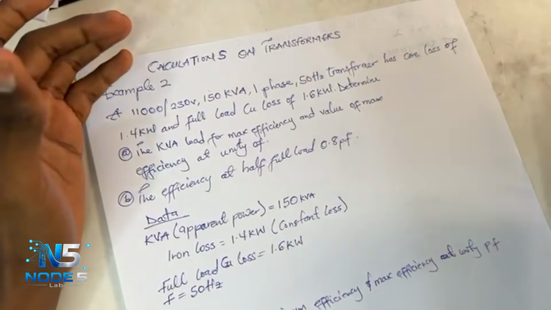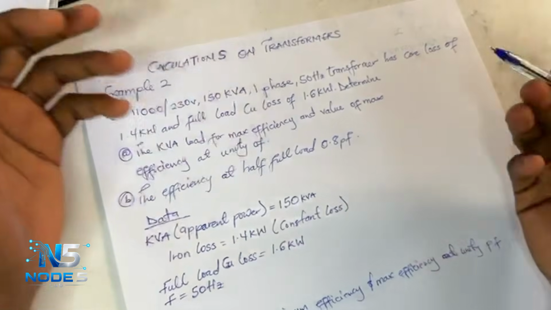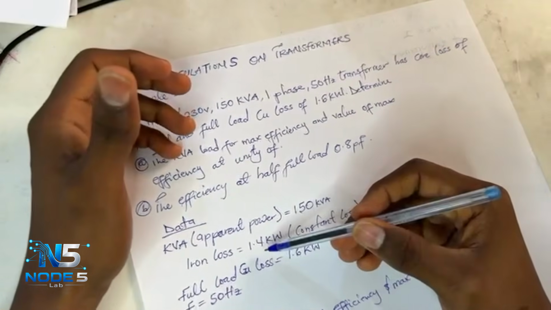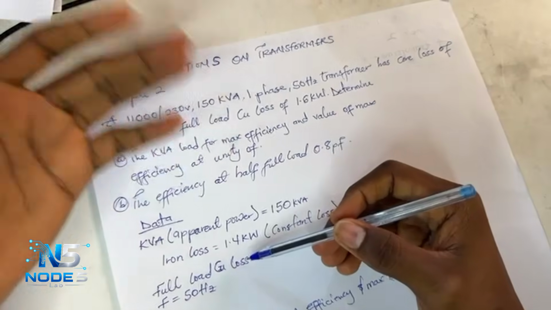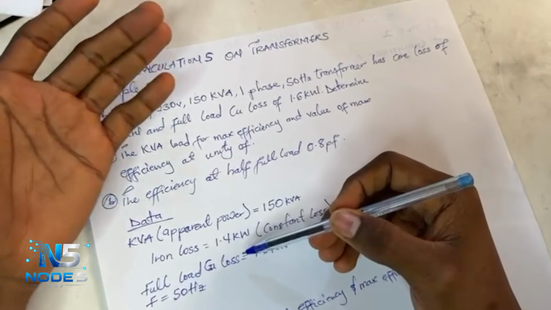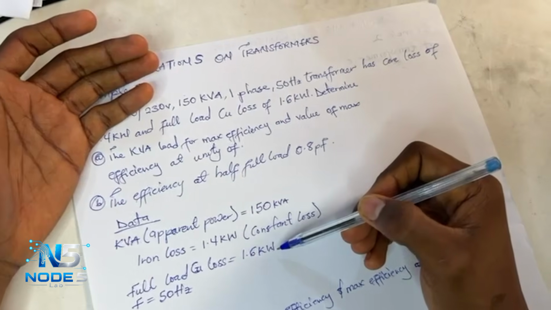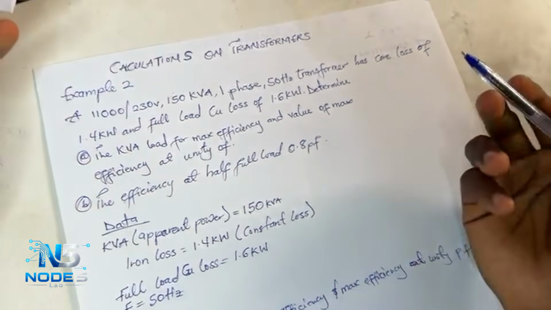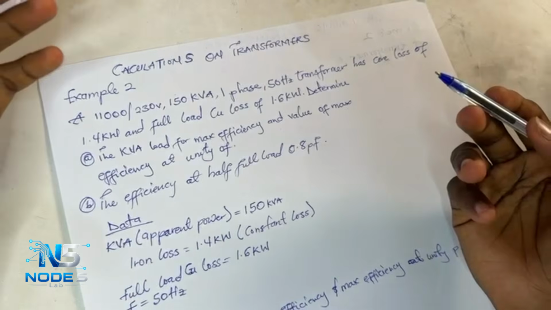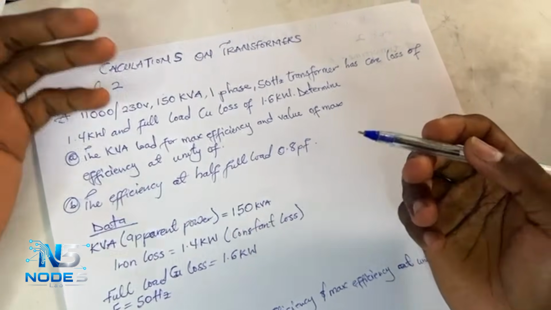There can be a variation, but here it is a constant loss for us, which is 1.4 kilowatts. And we have the full load copper loss, which is 1.6 kilowatts. Okay, we have our frequency to be 50 hertz.